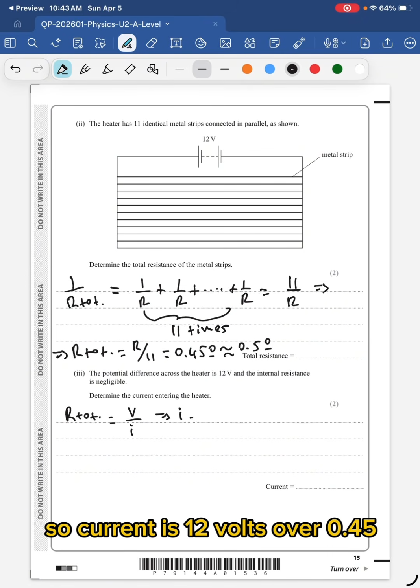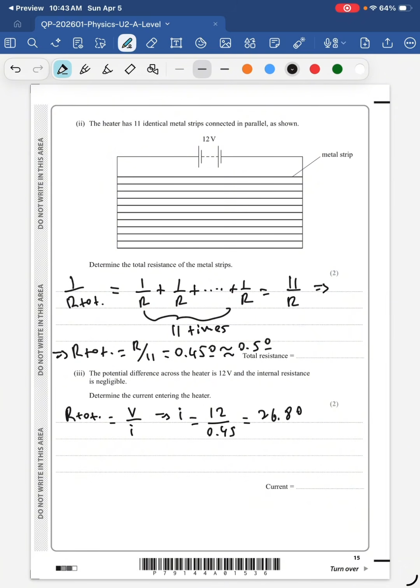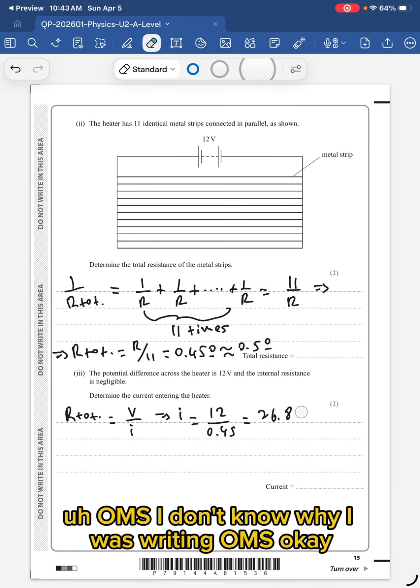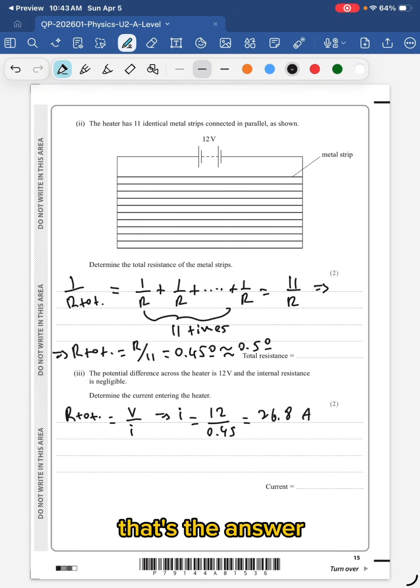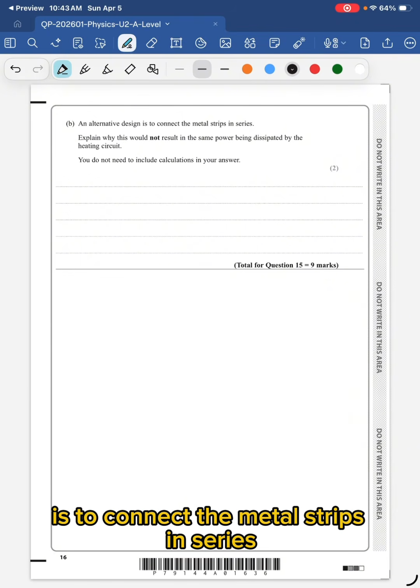So current is 12 volts over 0.45, which we calculated earlier. So this is 26.8 amps. I don't know why I was writing ohms. Okay, that's the answer. Now part B, an alternative design is to connect the metal strips in series.